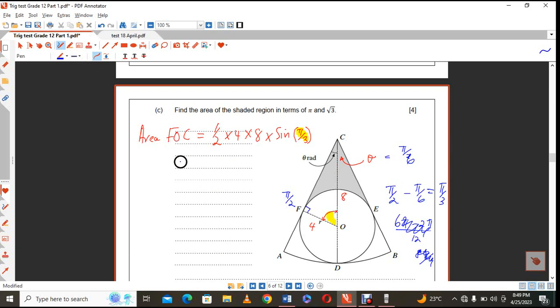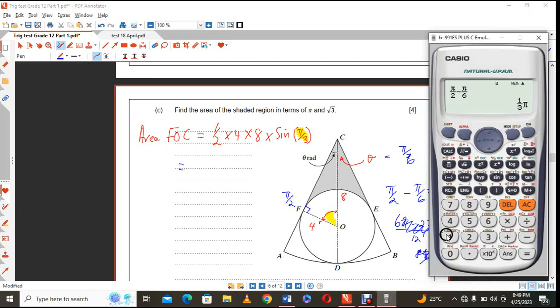So for FOC, if you punch that in on a calculator, you have 4 times 8 is 32. Half of 32 is 16. So that's 16 times, you don't have to put the times though, it's pi over 3. That is 60 degrees, okay?